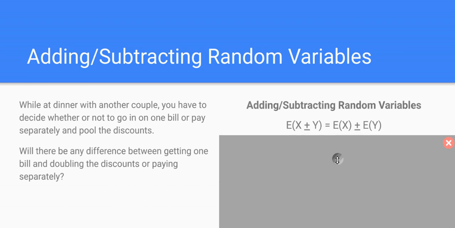If we're adding or subtracting random variables, the expected value is the sum or difference of those expected values. Right? When we're talking about the variance, and this is where it'll take another example.